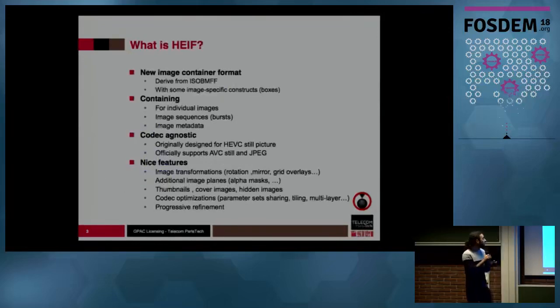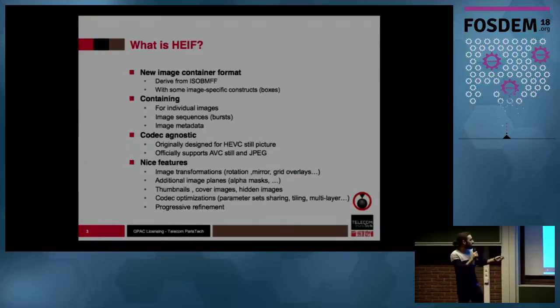So what is HEIF? HEIF is a new image container format. It's derived from ISO BMFF with some image-specific boxes. It may contain individual images or image sequences like bursts, or image metadata. It's codec agnostic, originally designed for HEVC still pictures, and it officially supports AVC still pictures and GPAC.